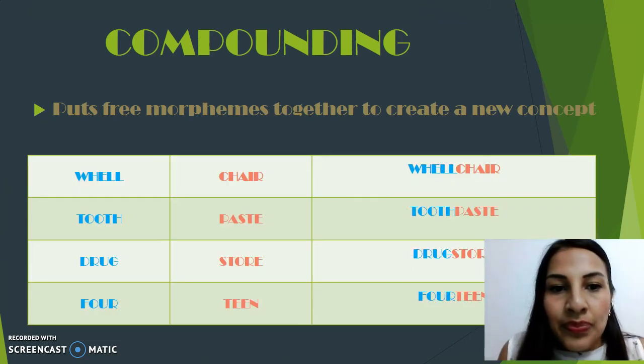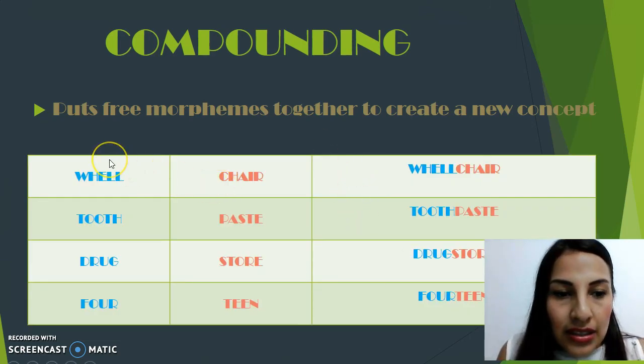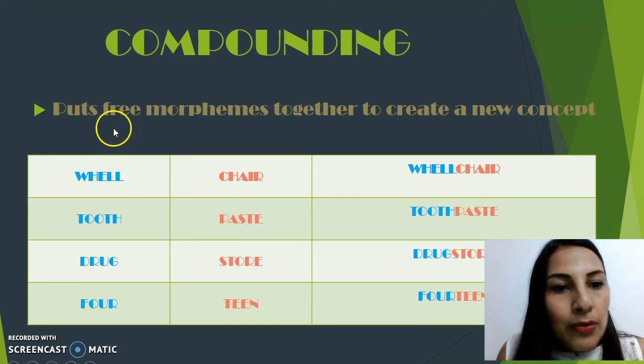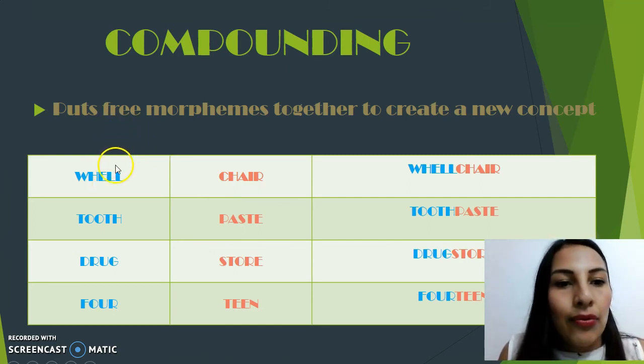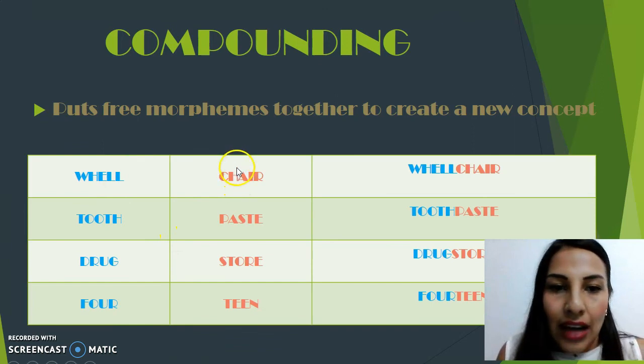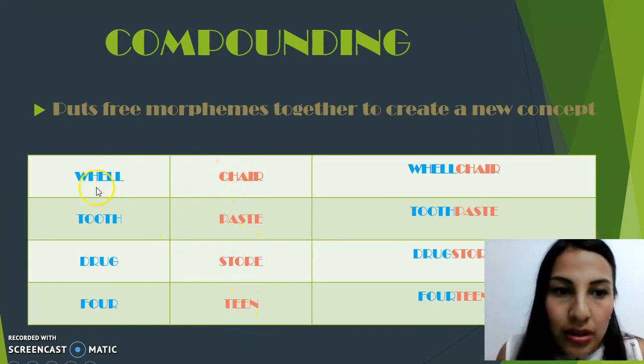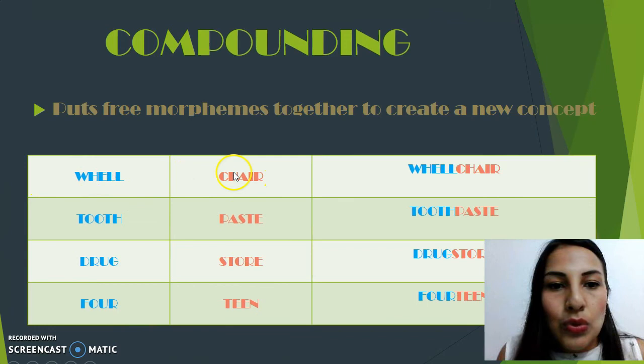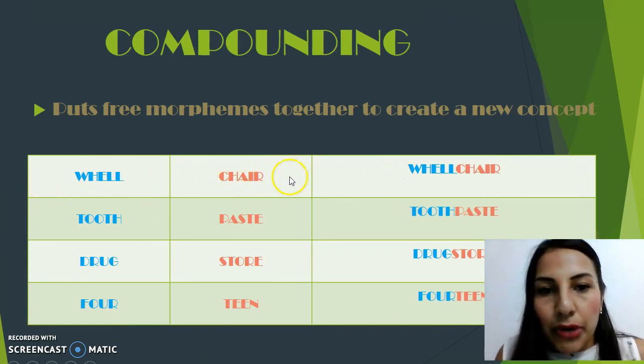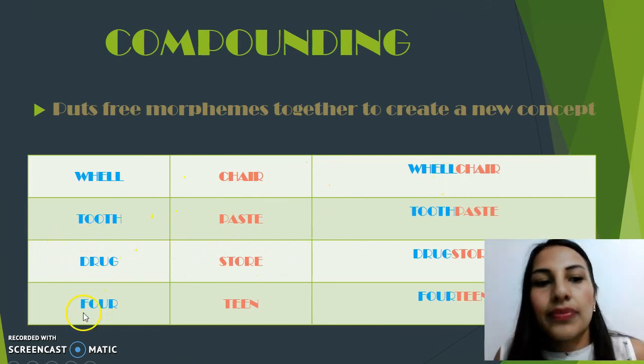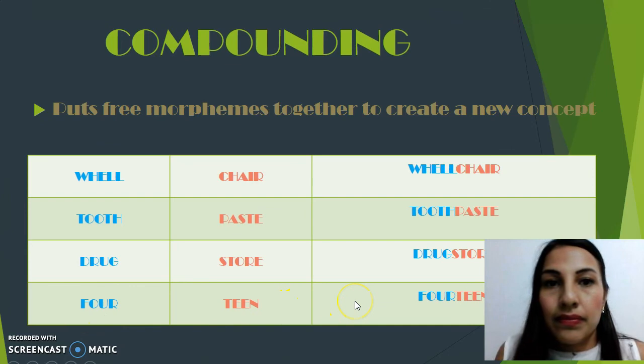For instance, these columns have words, and these others have a different word. If you put those words together, you create a new word, like this: wheelchair, toothpaste, drugstore, and so on.